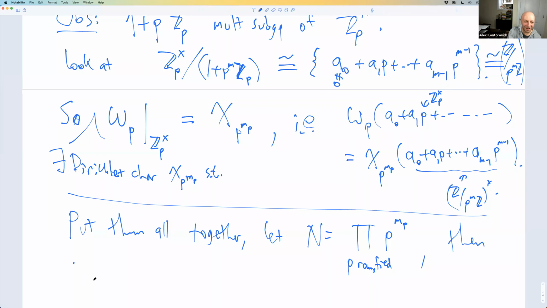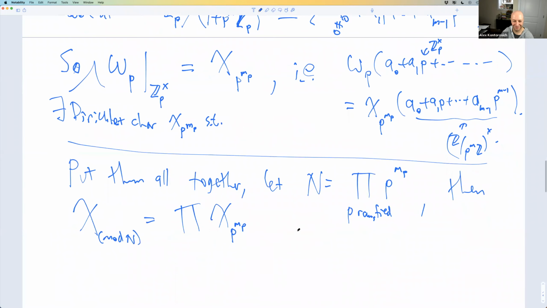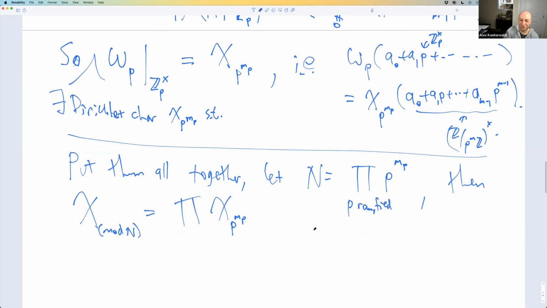Then let chi mod N be the product of these chi p to the m_p. Since they're relatively prime, I'm using the fact that Z mod N cross is the product over the primes of Z mod p to the m. This is the Chinese remainder theorem.